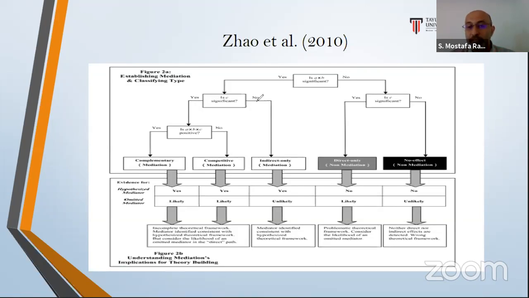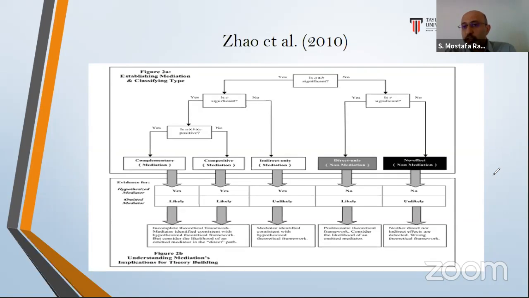Full or partial mediation is a concept that belongs to the Baron and Kenny approach. So when we leave the Baron and Kenny approach, we don't use these terms, partial and full mediation. But in some studies, when we apply a product of coefficients, we don't have a direct effect, and it's not compulsory to have a direct effect.